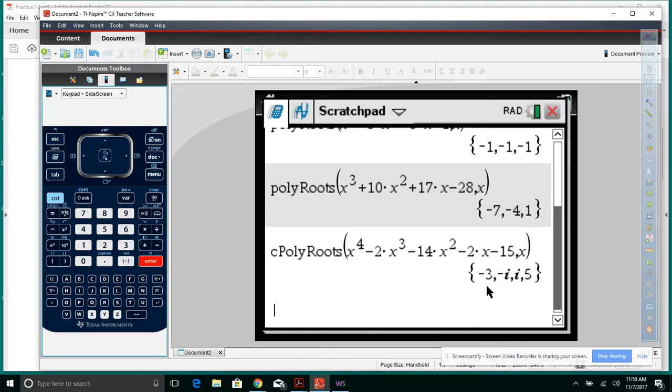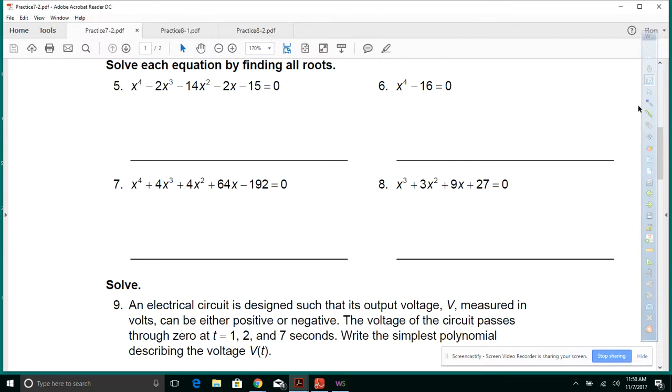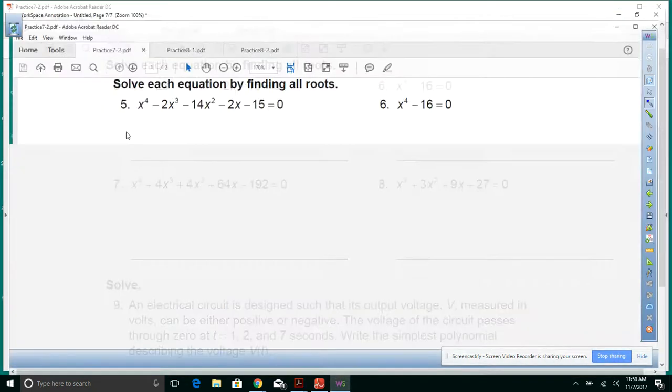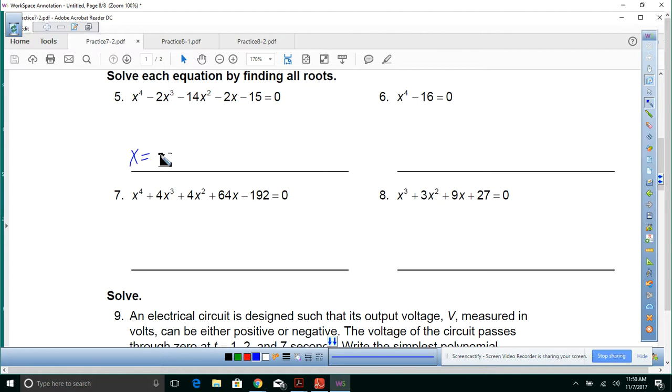And you got negative 3, negative i, i, and 5. So there's your 4 roots. So x equals negative 3, x equals negative i, x equals i, and x equals 5.